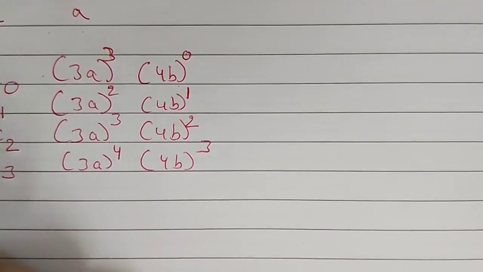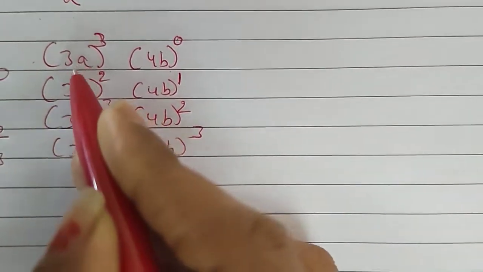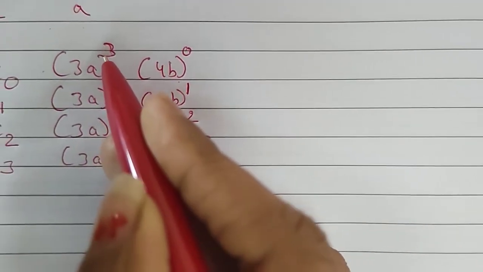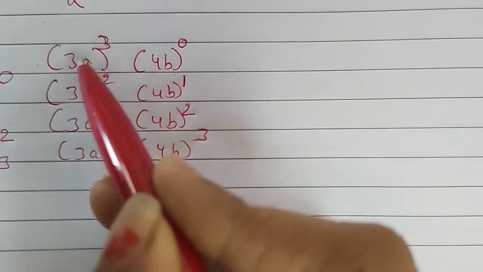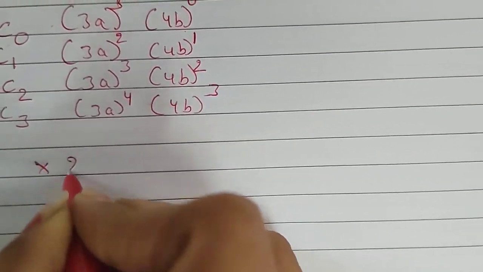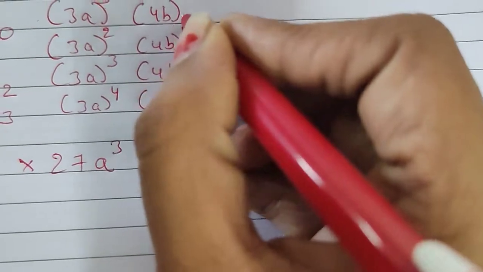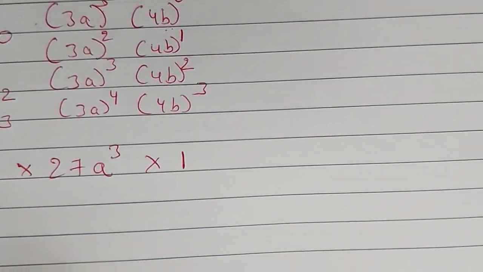So that is equal to 3C0, which is 1. Now 3a raised to 3, so multiply 3 into 3 into 3. So you will get here 27a cube, and 4b raised to 0, so that is 1.